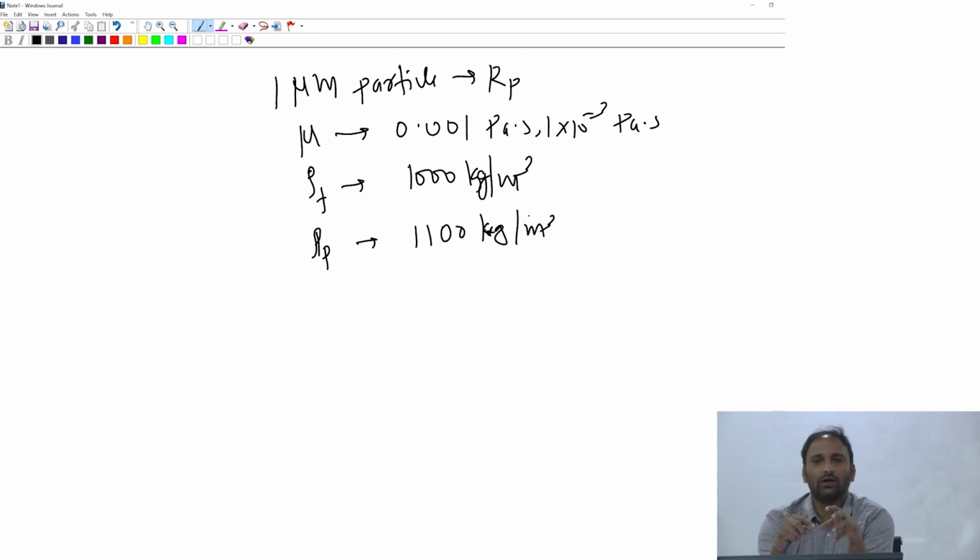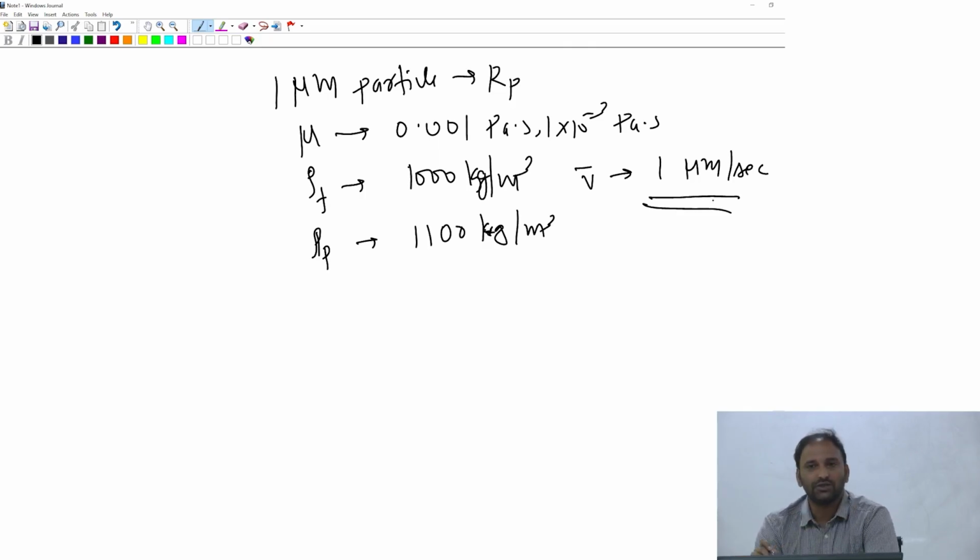If you take a 1 micrometer particle, it is typically known that it moves around with a velocity of the order of 1 micrometer per second. People have done these measurements with a microscope, observing the velocity at which the particles move, and for a 1 micrometer radius particle it is of the order of 1 micrometer per second.